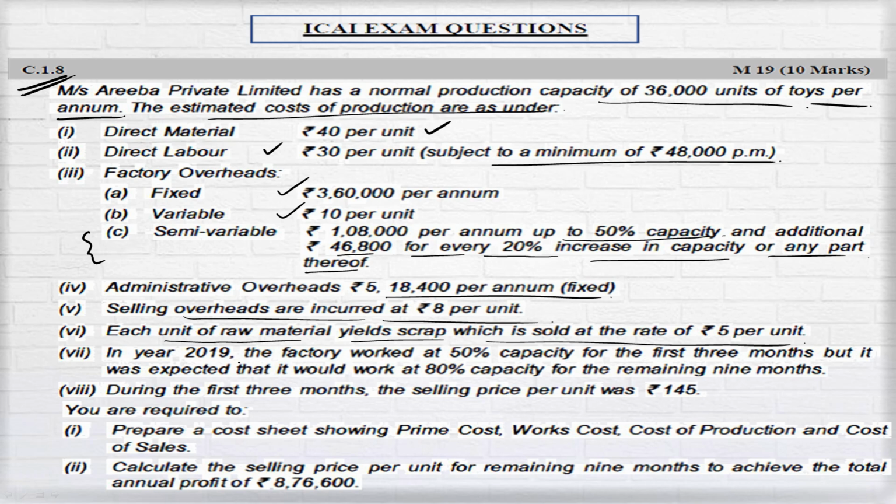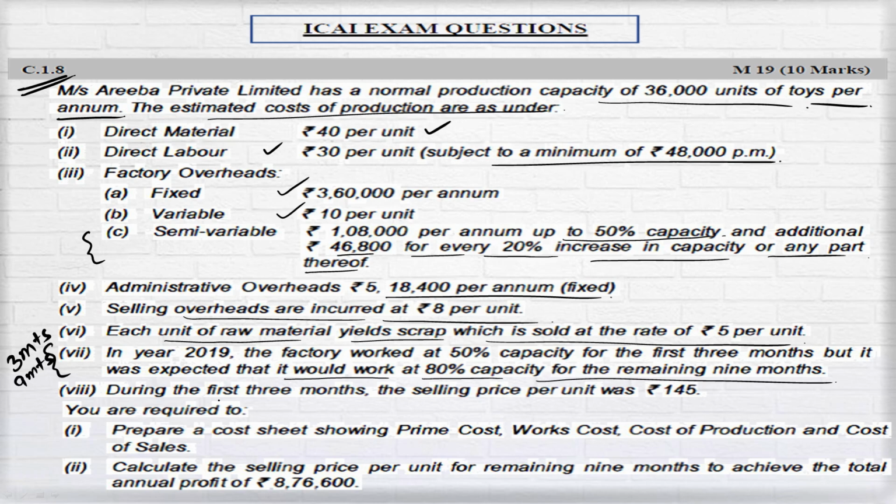In year 2019, the factory worked at 50% capacity for first 3 months, but it was expected that it would work at 80% capacity for remaining 9 months. Alright. So, we will be dividing our answer into 3 months and 9 months.